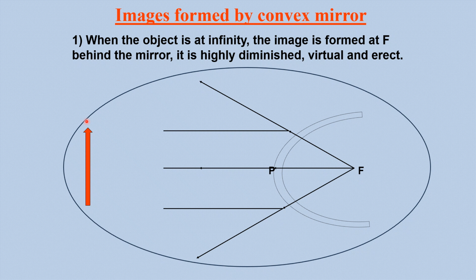In the first case, when the object is at infinity, the image is formed at F behind the mirror. The image formed will be highly diminished, virtual and erect.